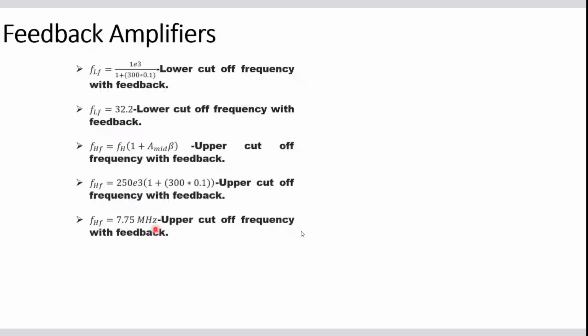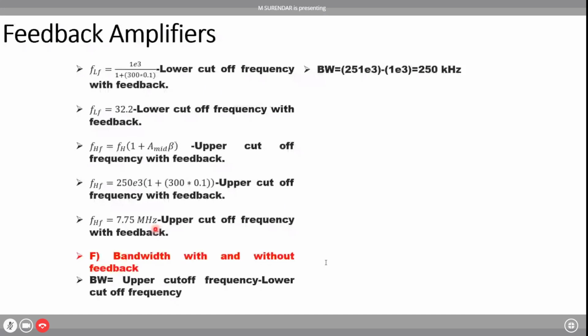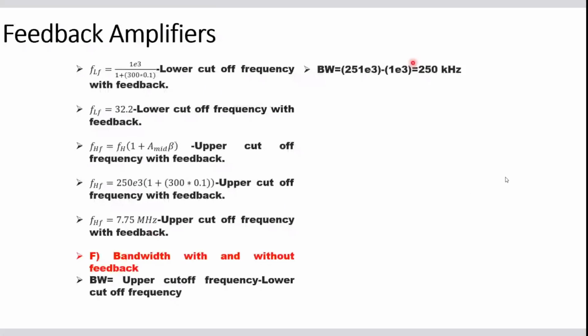Now we are going for the bandwidth. The bandwidth is nothing but the upper cutoff frequency minus the lower cutoff frequency. So this is the bandwidth for a normal amplifier, that means without any feedback. And this is the bandwidth of the amplifier with feedback, around 7.74 megahertz.